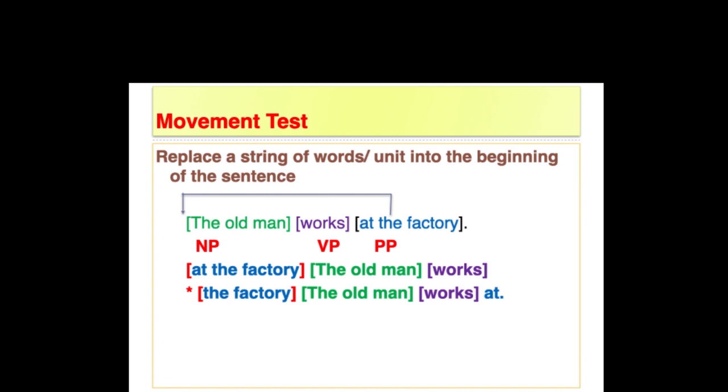It's no longer clear and meaningful. So this is an ungrammatical sentence. So which means that it's impossible to dissociate a preposition from an NP. And also it means that at the factory is considered as a constituent. This is only a string of words that constitute one constituent.